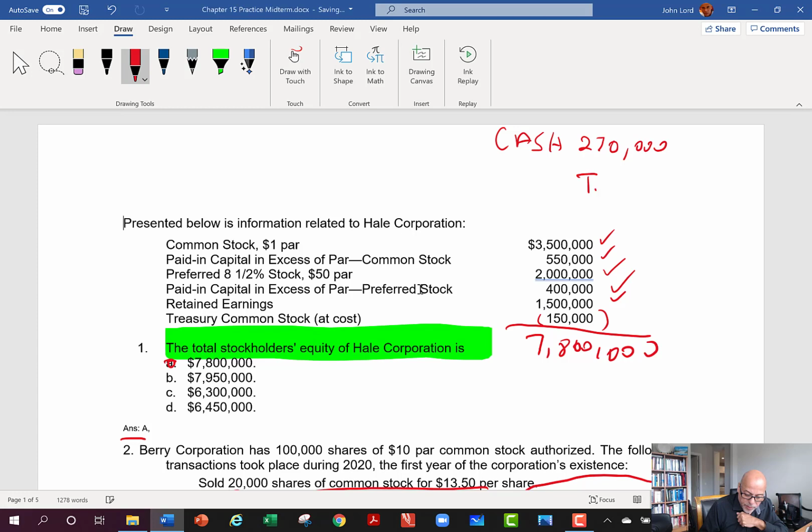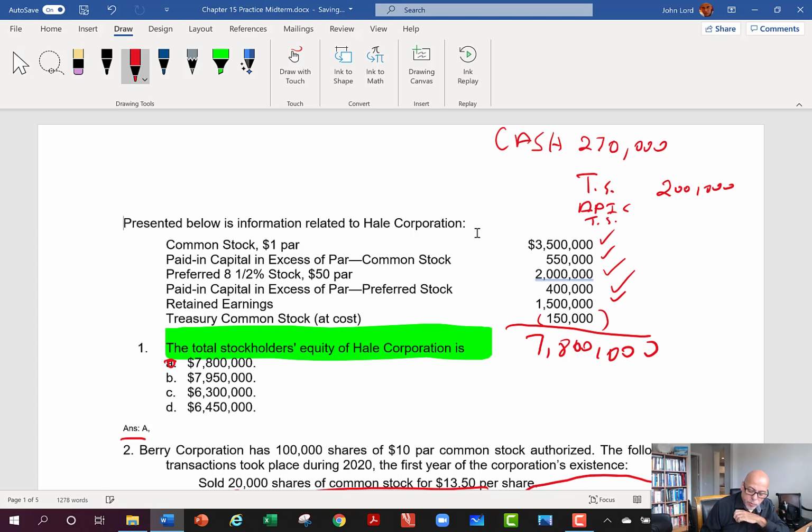So I'm going to take that out of treasury stock at 200,000. And then I have to create an account called APIC treasury stock.